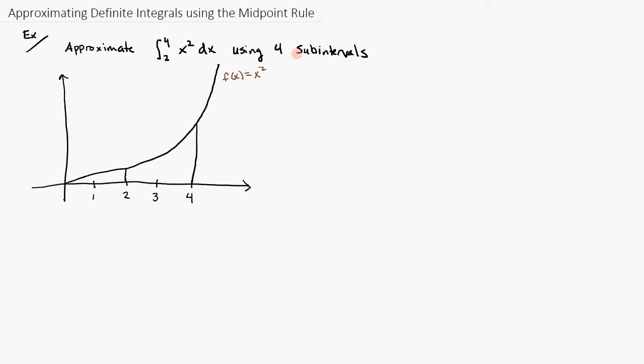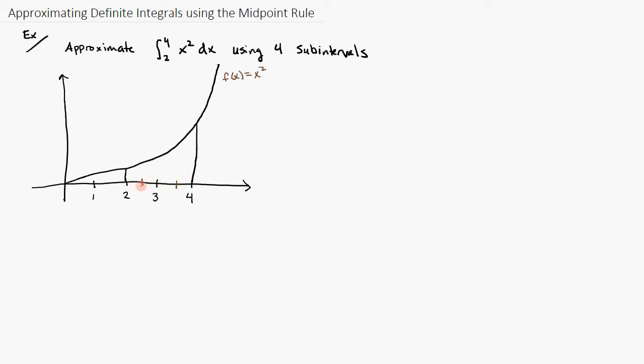Okay, so the idea is to first subdivide the interval from 2 to 4 into a number of subintervals. Here it's specified to use 4 subintervals. We want them evenly spaced, so we can do 2 more subdivisions here and here. Now you see that there are 4 subintervals in between 2 and 4: 1, 2, 3, 4.